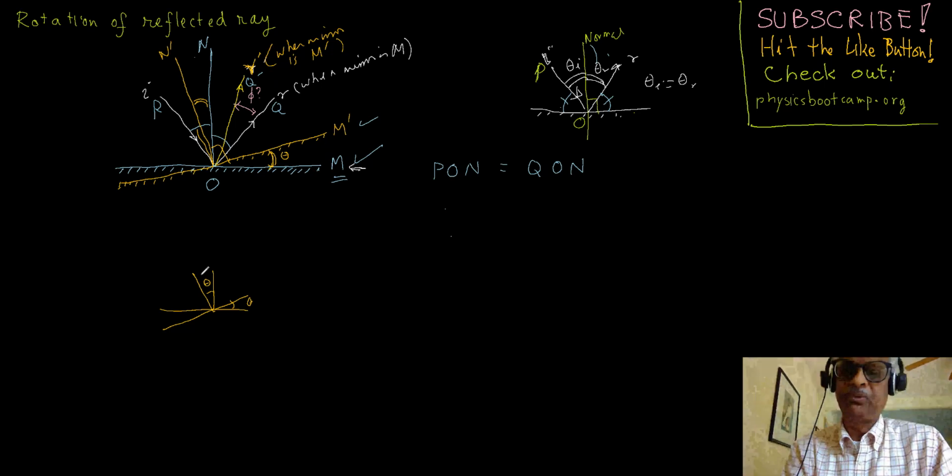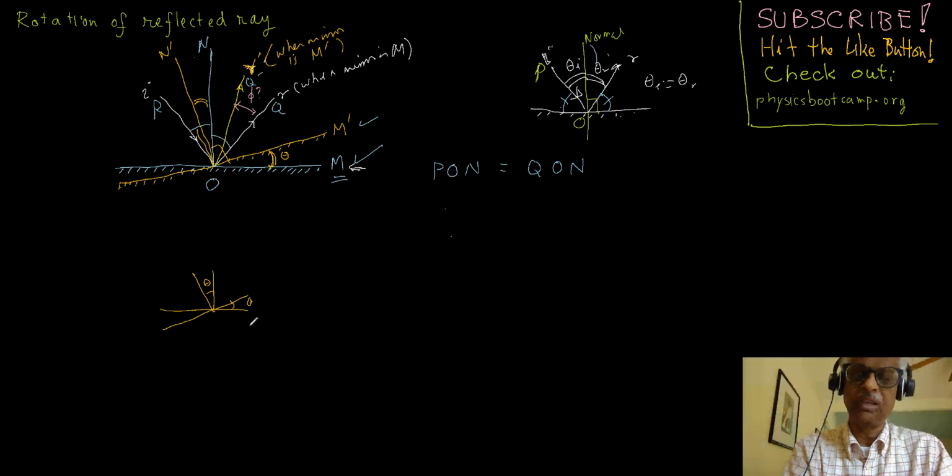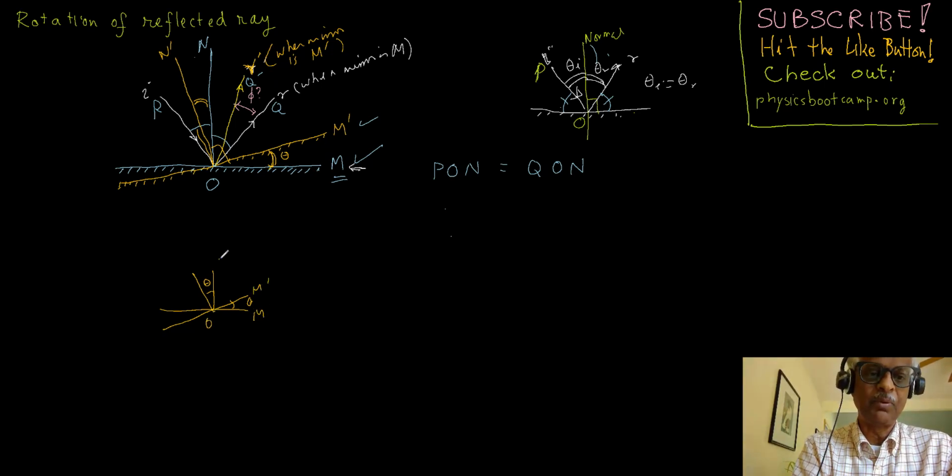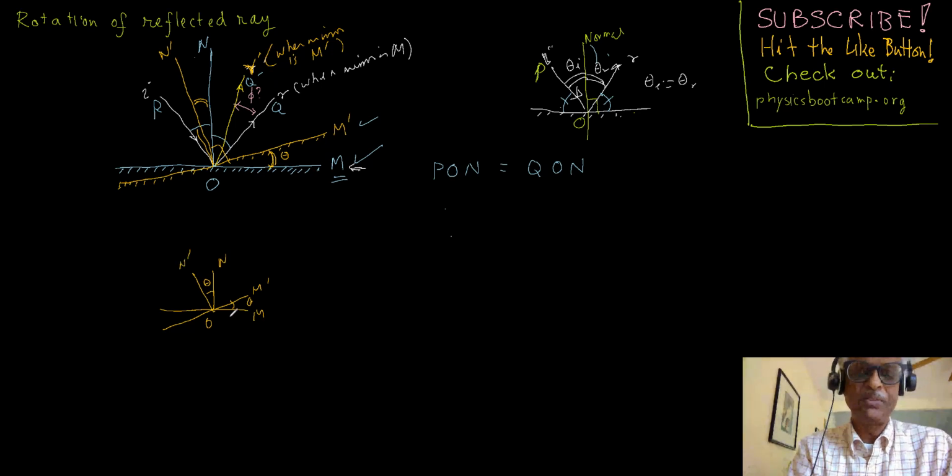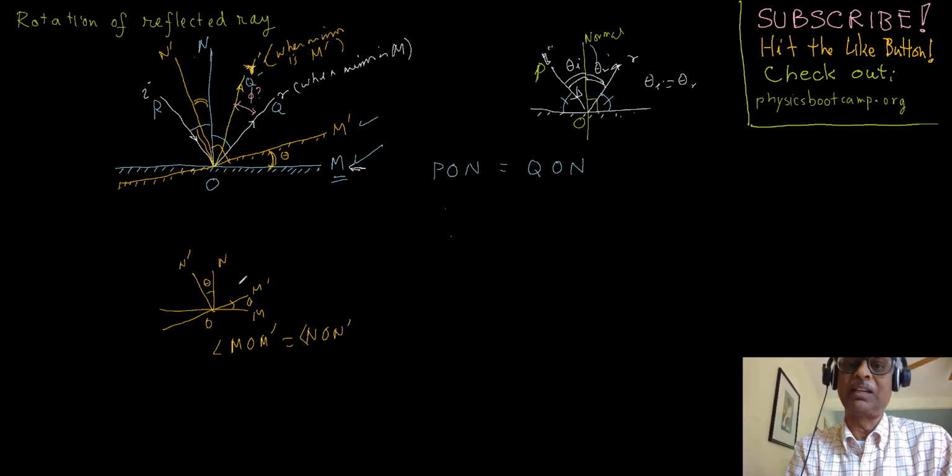You can convince yourself by drawing it out, and maybe I'll leave this as an exercise for you. You can actually show that angle MOM prime must be equal to angle NON prime. It's not very difficult to do. Just assume that.